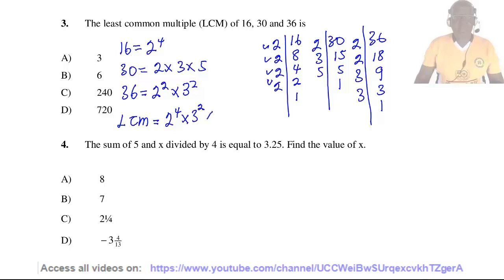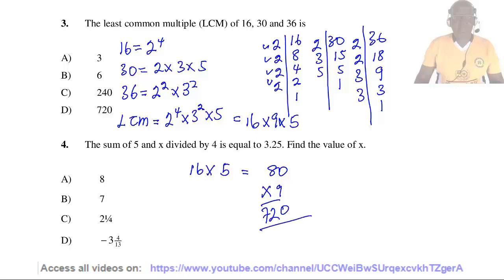And for 5 it is 5. This equals 16 times 9 times 5. 16 times 5 equals 80, times 9 equals 720. So the answer is D.